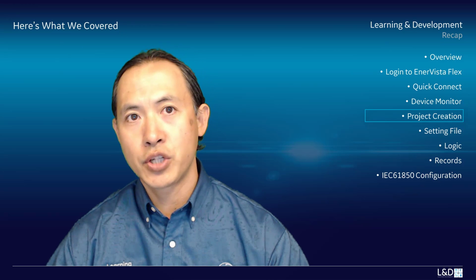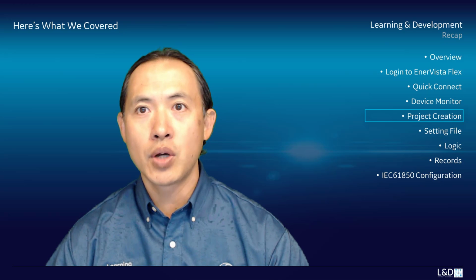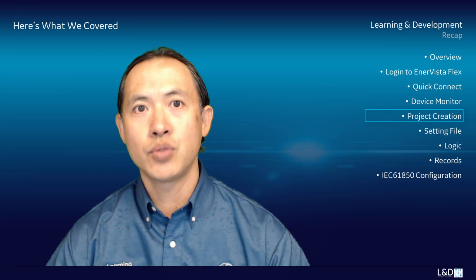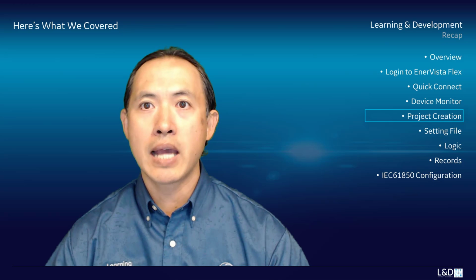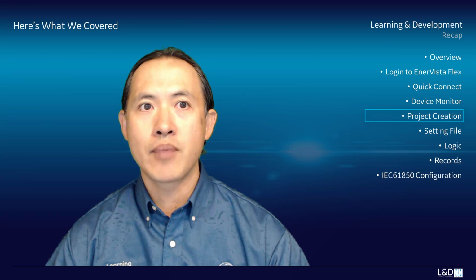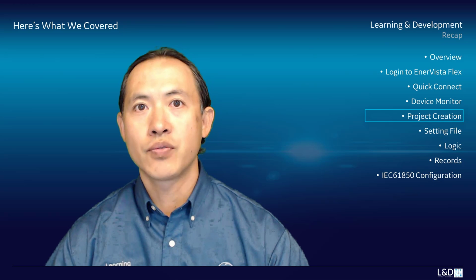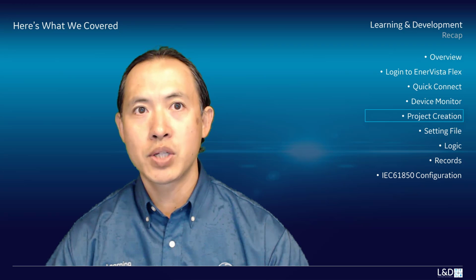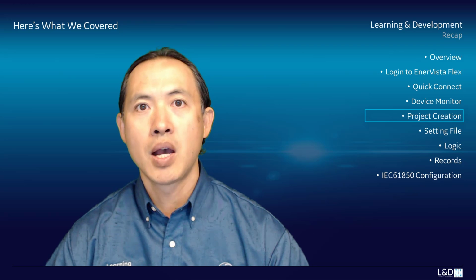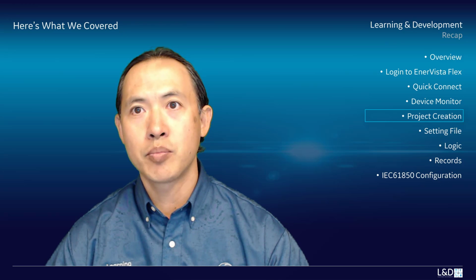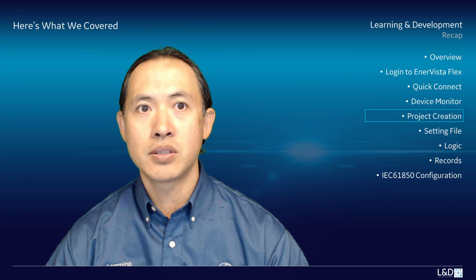Under the project creation, we know how to create a project with a substation, voltage, bay, and device, and how to export, then import the project. It's very important to back up your project file periodically. Under project, we can also import external CID files like UR, 8 series, or MiCOM P40 Agile.